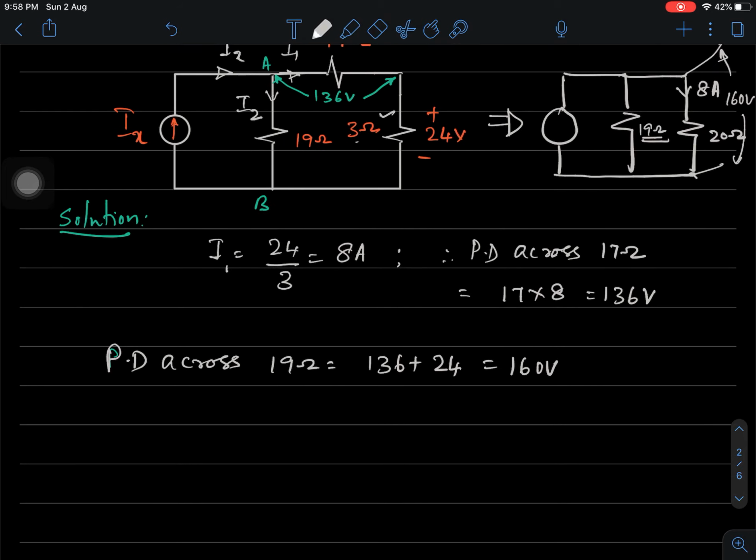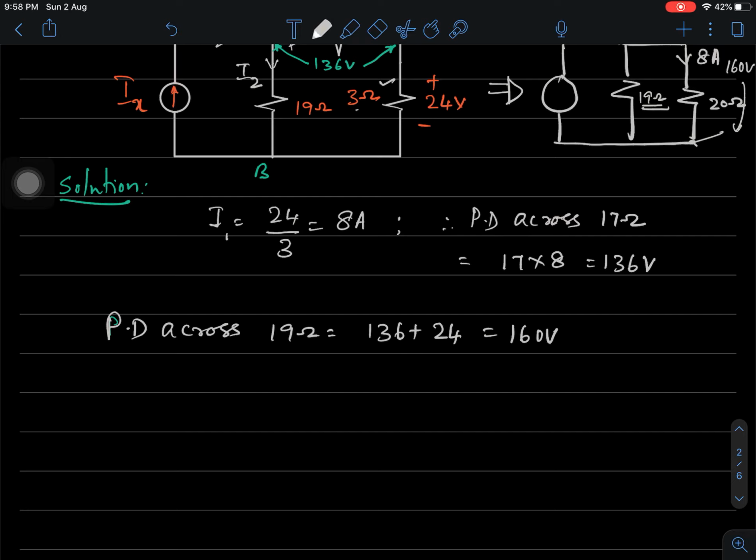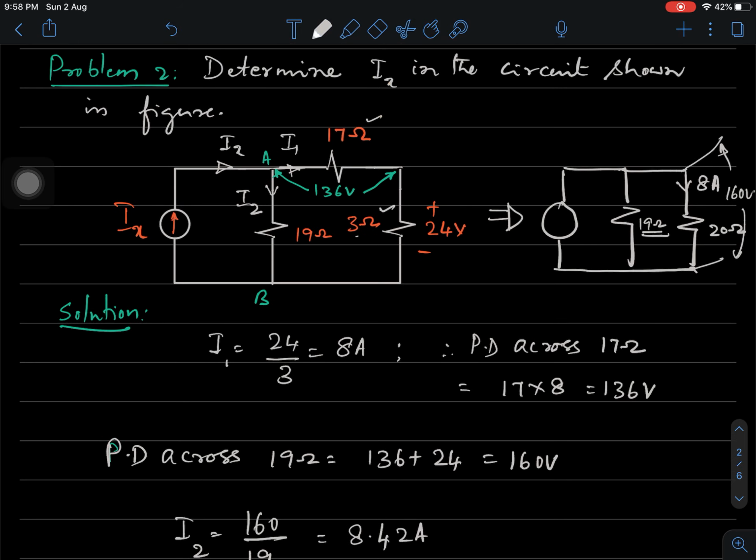What is the current through 19 ohms? We have designated that current as I2. So I2 is precisely 160 divided by 19, which is 8.42 amperes.